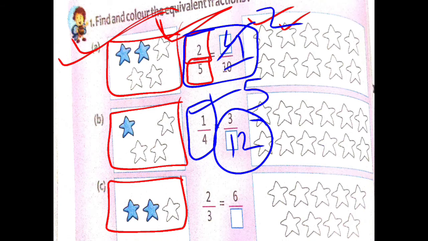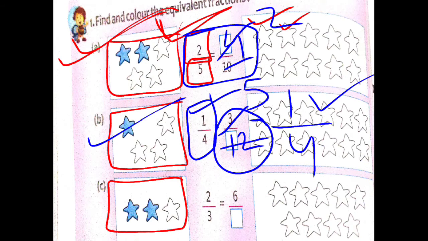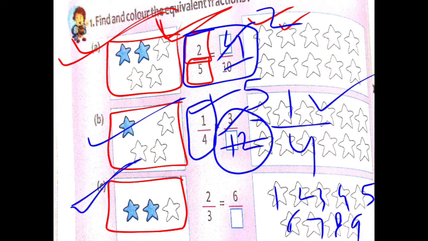Clearly you can watch, bache. If you are going to cut, 3 ones are 3 and 3 fours are 12, then it becomes 1 upon 4. So that is equivalent to this. Am I right? Now come to the third example, this one. In this you are going to count total 1, 2, 3, 4, 5, 6, 7, 8, 9. Total are 9. So what will you do?